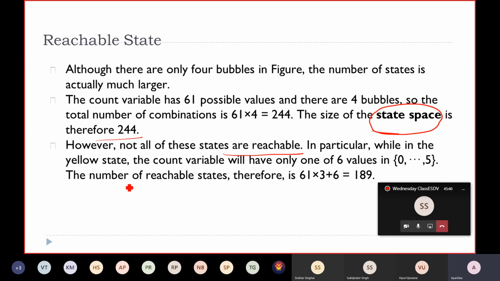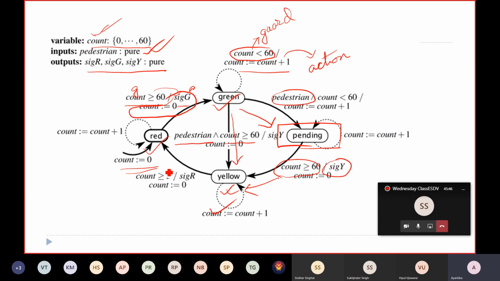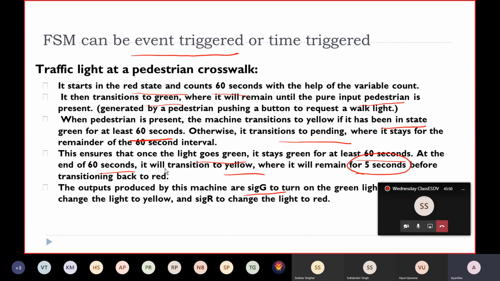Why? See, when in the yellow state, the count variable will only have 6 values. So I go back to my specification: at the end of 60 seconds, it will transition to yellow, where it will remain for 5 seconds before transitioning back to red.